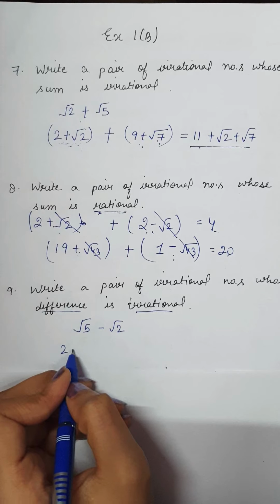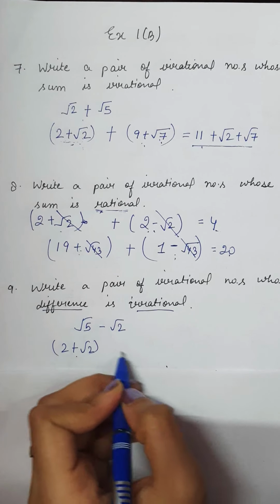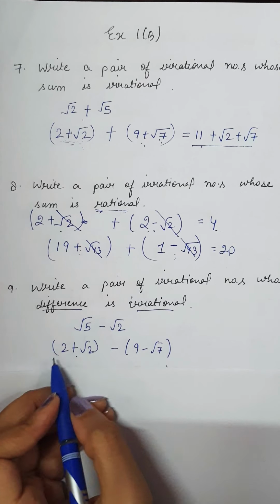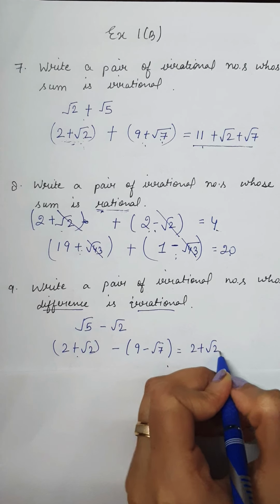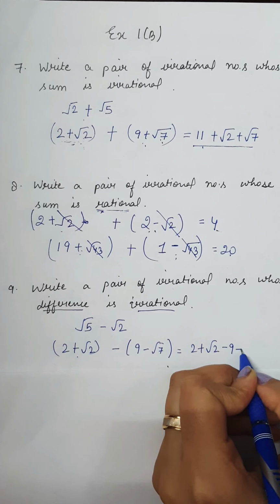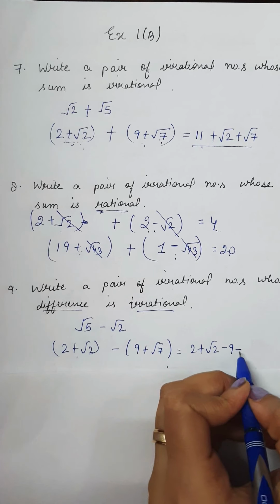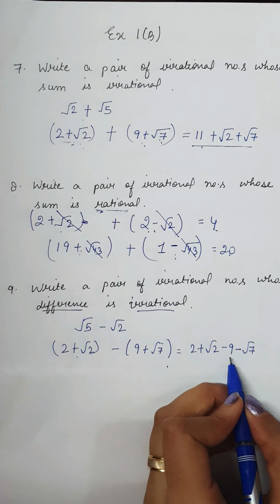If I subtract, first irrational number minus second irrational number, I need to simplify this, 2 root 2 minus 9 plus root 7, because I have taken the same example, so the minus sign will change.